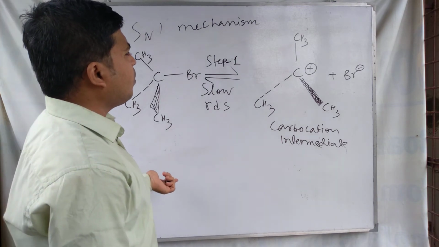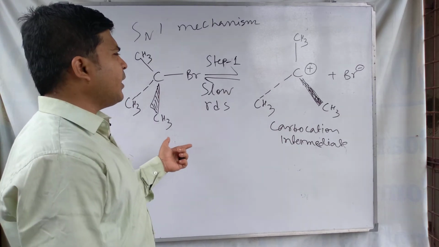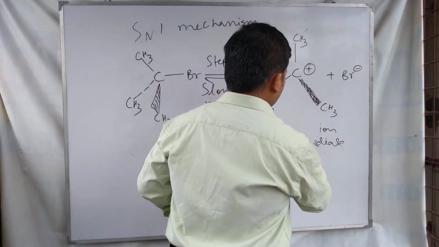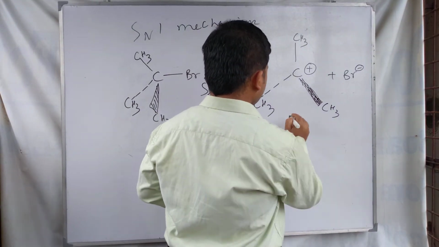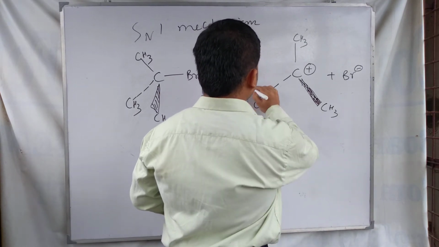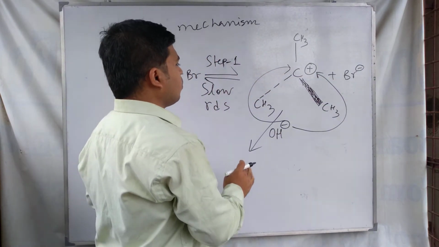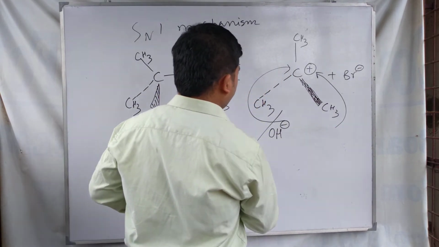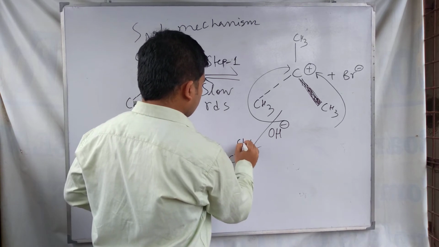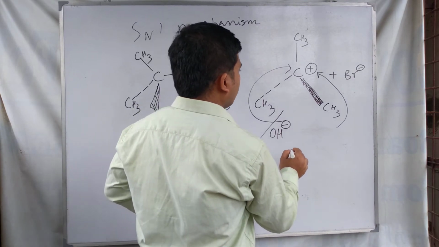So in the first step of the reaction, a slow step occurs, and in this slow step a carbocation is formed, and after forming this carbocation, the OH minus nucleophile attacks from both sides. Suppose we are drawing the attack from this side, so this one is formed.